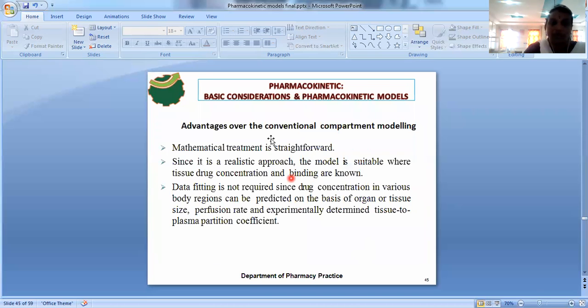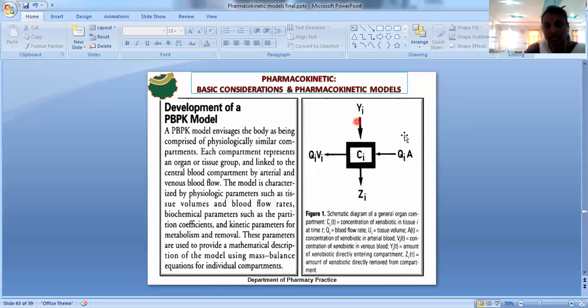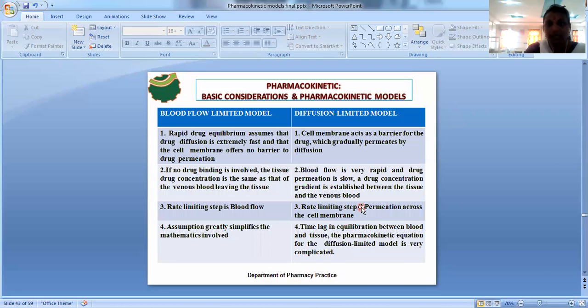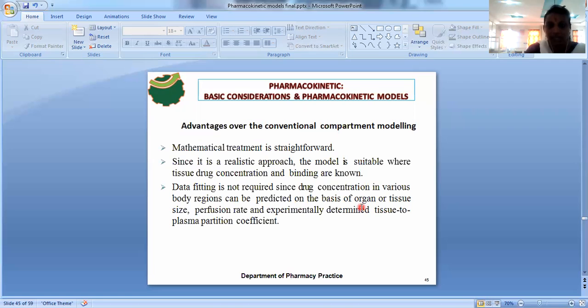And what are the advantages of this PBPK model, that means physiologically based pharmacokinetic model, compared to the conventional compartmental models? Here the mathematical treatment is very straightforward, by considering the blood flow, entering concentration and exiting concentration, you can directly estimate the value.